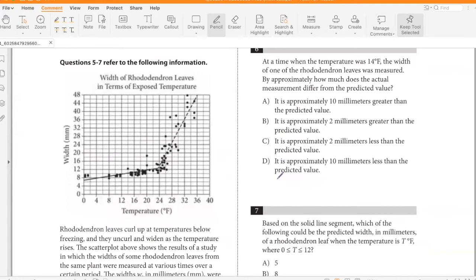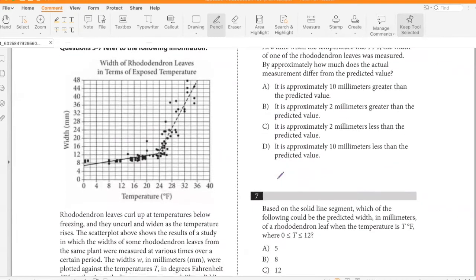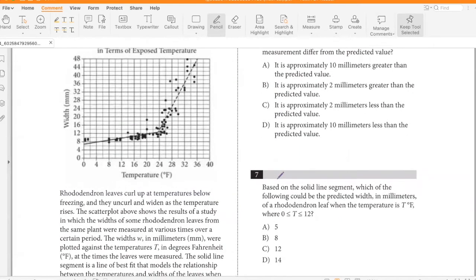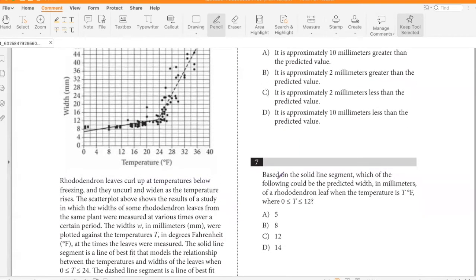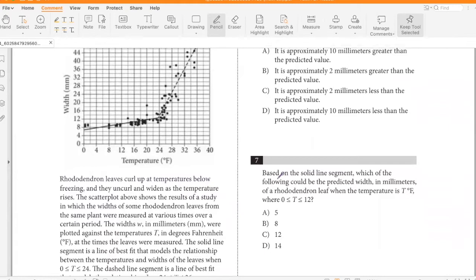Rhododendron leaves curl up at temperatures below freezing and they uncurl and widen as the temperature rises. The scatterplot above shows the results of a study in which the widths of some rhododendron leaves from the same plant were measured at various times over a certain period. The widths in millimeters were plotted against the temperatures in degrees Fahrenheit at the times the leaves were measured.